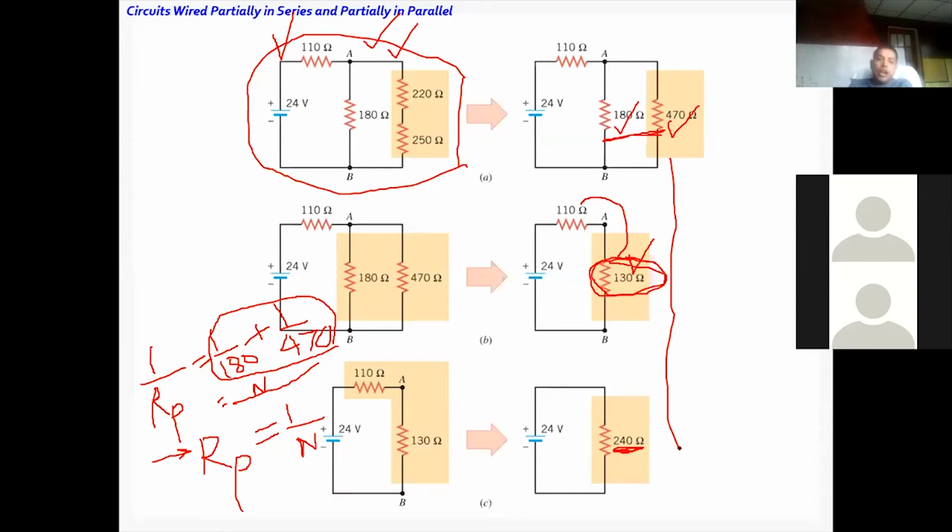After you find the equivalent resistance, which happens to be 240 in our case, if I ask you another question, what is the total current through the circuit here? Can you answer my question?